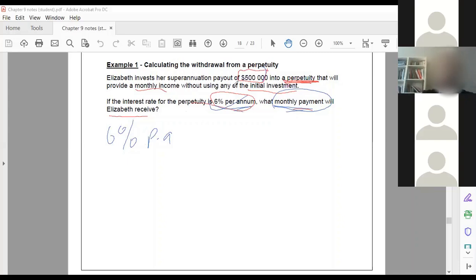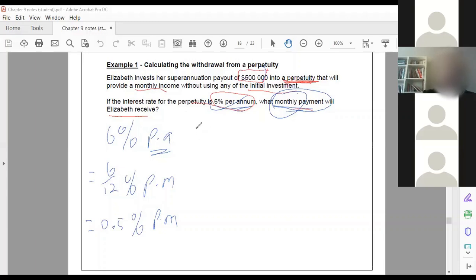Because we're used to dividing the interest, that's what we're going to do. We're going to convert this interest of 6% per annum for the year to a monthly interest. So it's going to be 6 divided by 12% per month, which is going to be 0.5% per month. And I'm going to work out how much her interest is for the month, and that's what her monthly payment is that she will get.